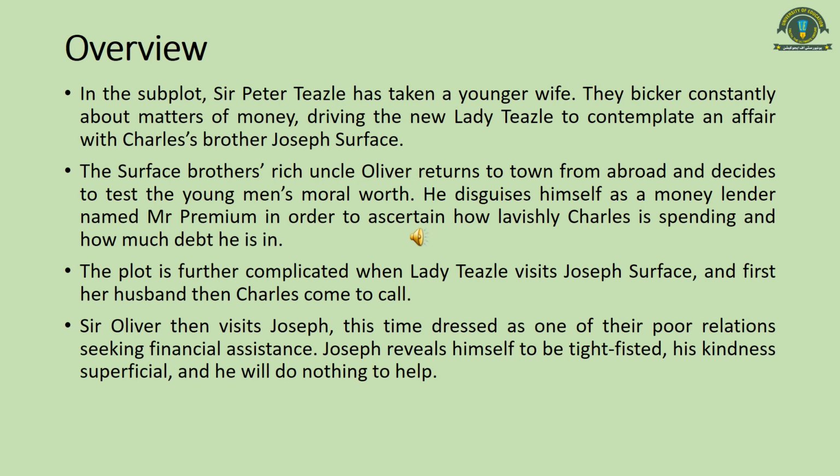Joseph reveals himself to be close-fisted and his kindness superficial, and he will not do anything to help. Sheridan brings the play to a close by having Sir Oliver reveal his plot and his findings to Charles and Joseph. It also becomes clear to everyone that Lady Sneerwell orchestrated the rumor about Charles and Lady Teazle.